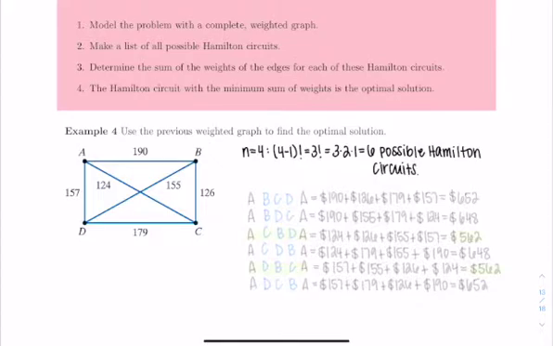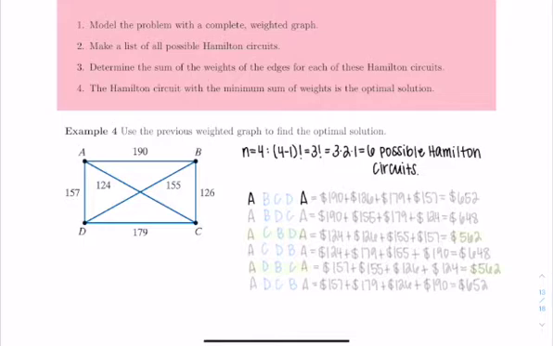And so we need to find all of the possible Hamilton circuits. To find these, the first thing is they're always going to start at A to make our lives easy, and they're going to end at A. What we have to do is write the order of the other 3 vertices and change it up in between those A's.